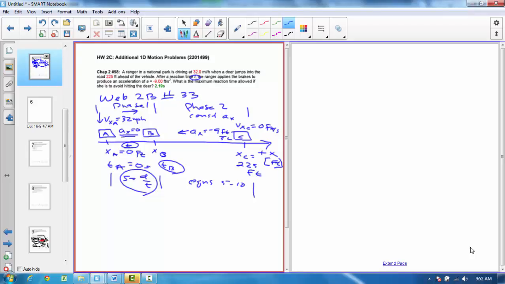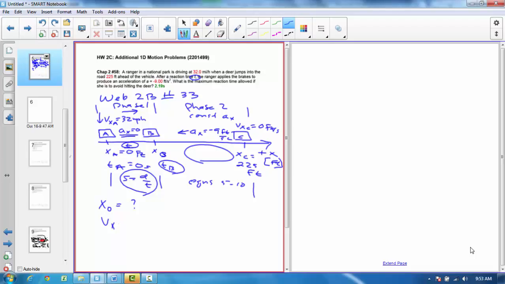So what we do, let's just set up some equations for this portion here. We don't know what our initial position is for this, so that's a little bit of a problem. So for this phase 2, our x naught we don't know what it is.